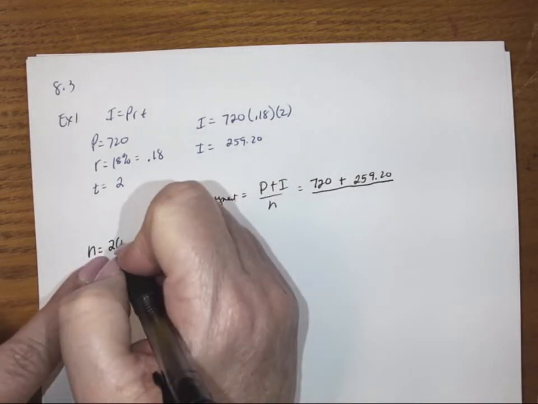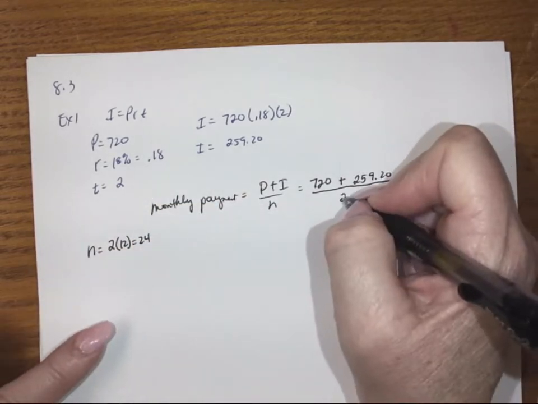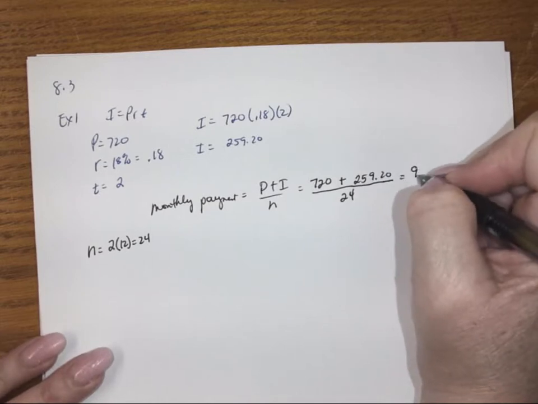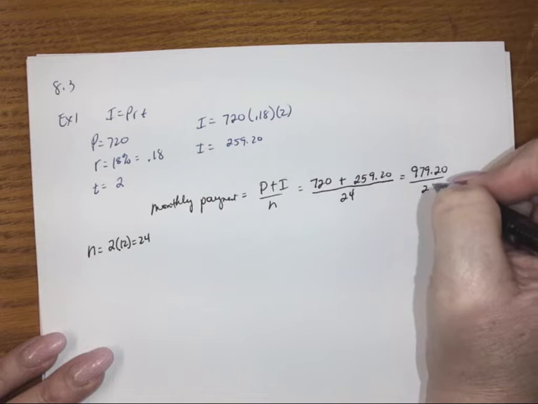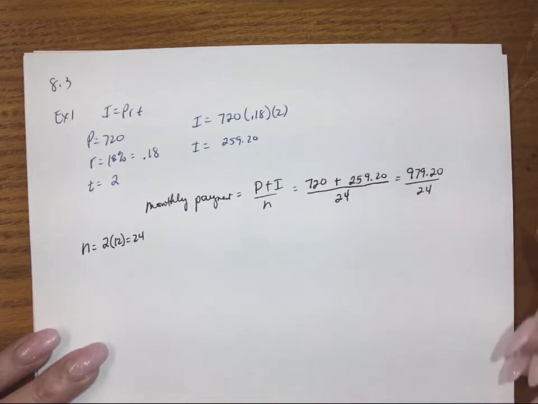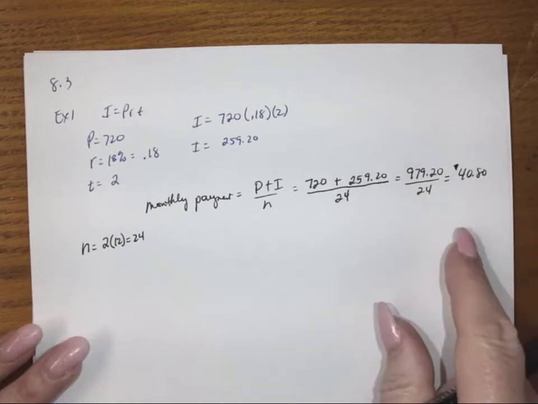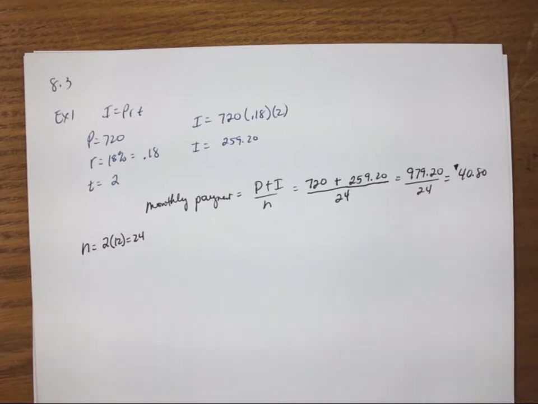It's 2 years times 12 months, which gets you 24 payments. So it's going to be divided by 24. This will get us 979.20 on the top, divided by 24, and that will be equal to $40.80. So the amount of our monthly payment will be $40.80.